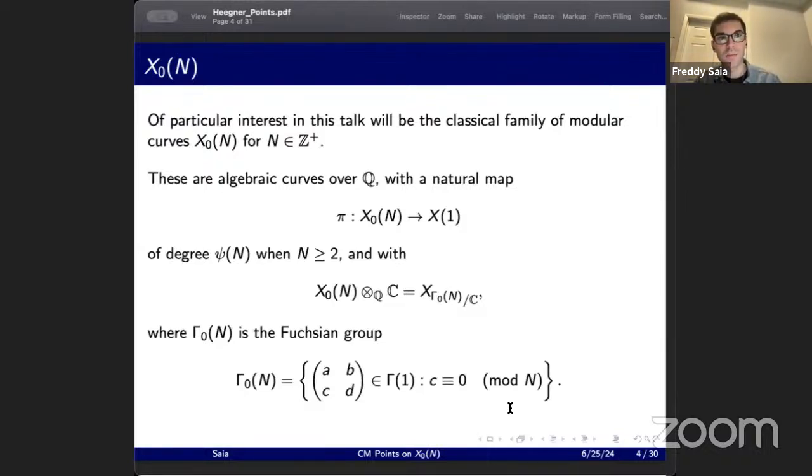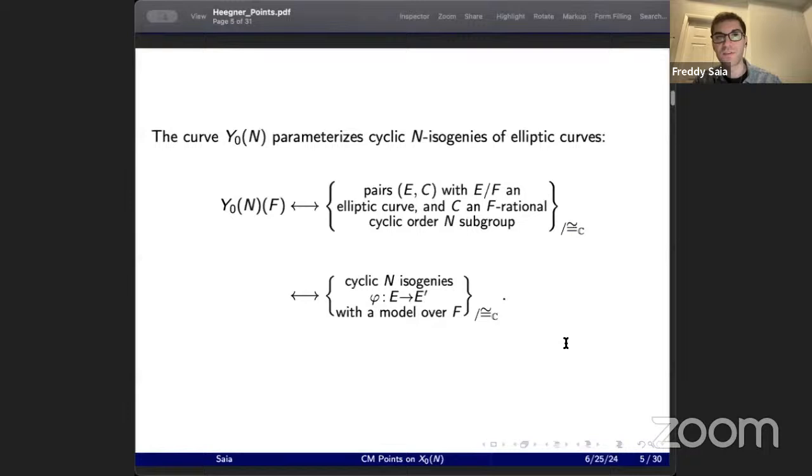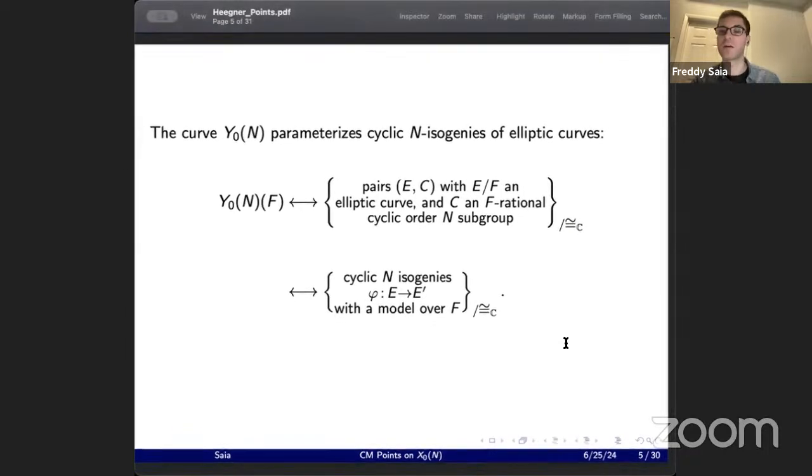This is the family of modular curves we're interested in for this talk, mainly because of their specific moduli interpretation. In general, modular curves parameterize elliptic curves plus some extra level structure, some extra torsion structure. In particular, these curves parameterize elliptic curves with a cyclic order n subgroup of its n-torsion. By F-rational here, I just mean that the cyclic order n subgroup is fixed by Galois, it's Galois stable.